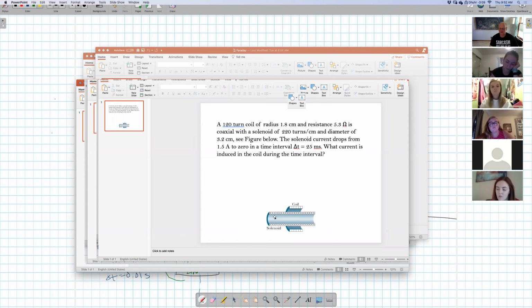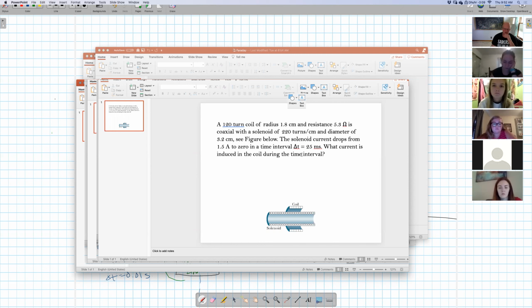It has 120 turns and has a radius of 1.8 centimeters and a resistance of 5.3 ohms. And that thing is coaxial, which means it's on the outside of a solenoid which has 220 turns per centimeter and has a diameter of 3.2 centimeters. So that's a 1.6 centimeter radius. So it's inside of this coil.